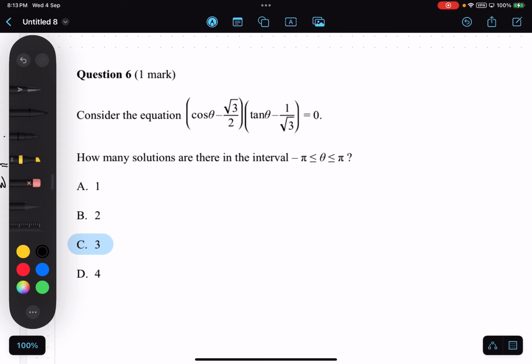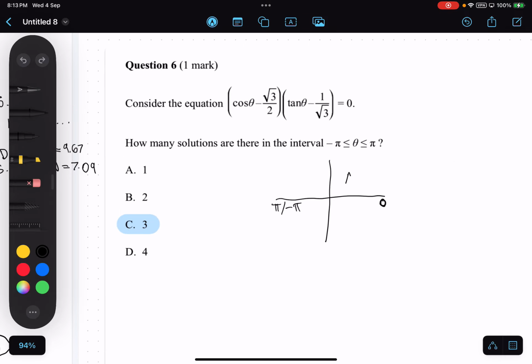So what I'm going to do first is draw out that domain for you. 0, and this is pi and negative pi. So it's within this whole domain.